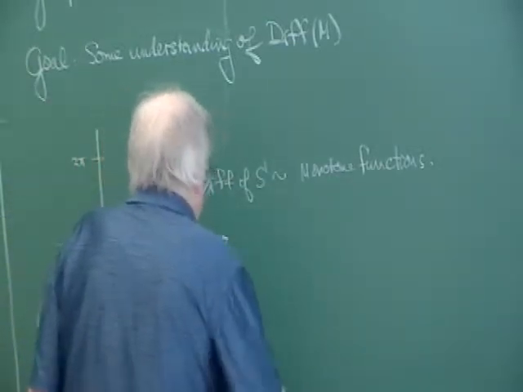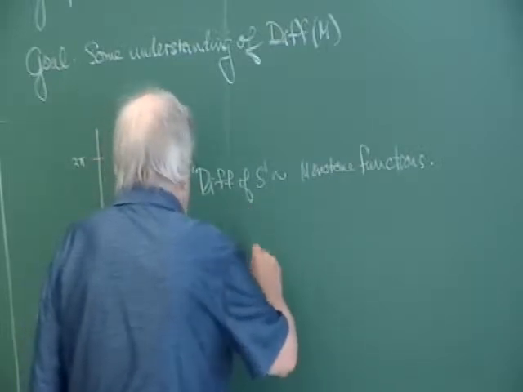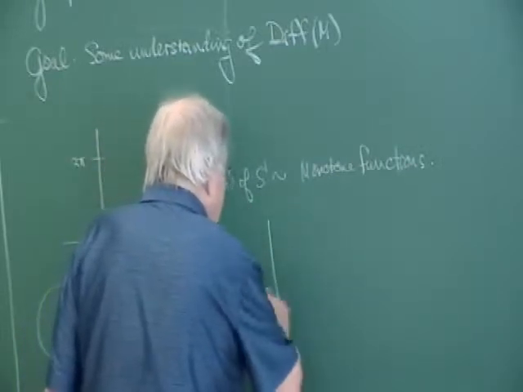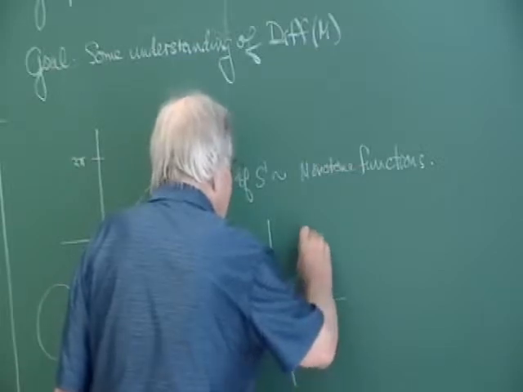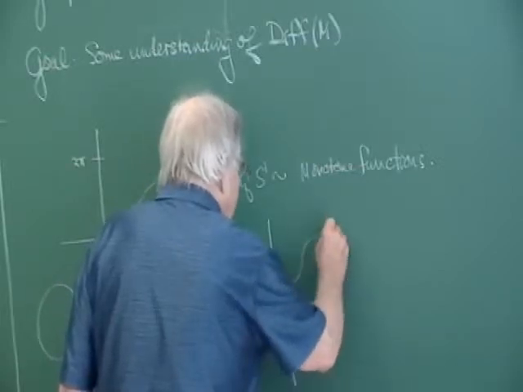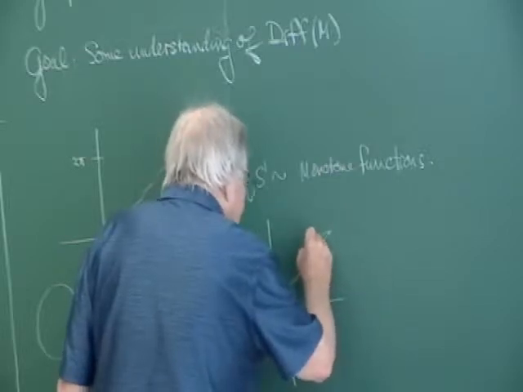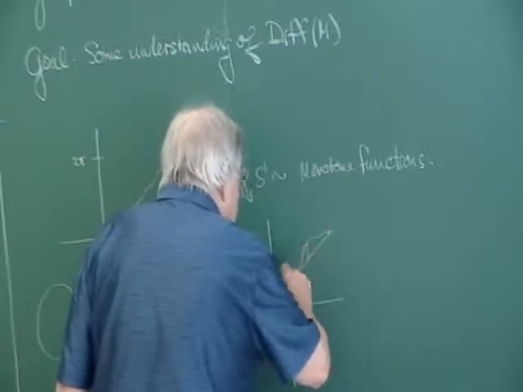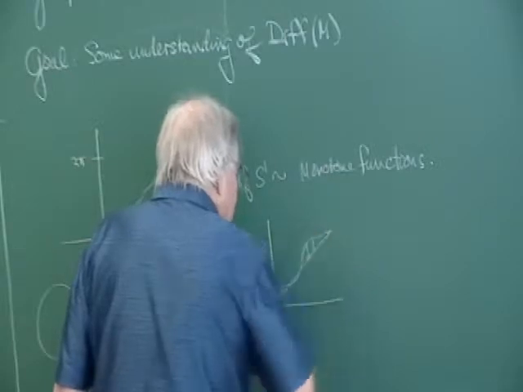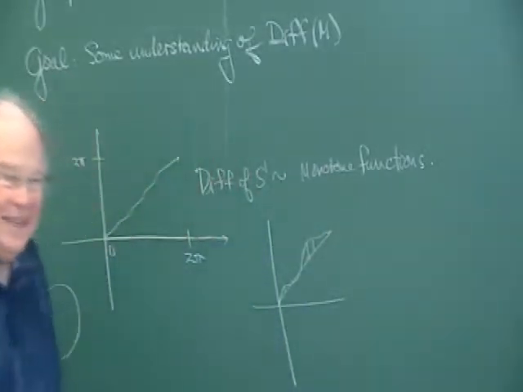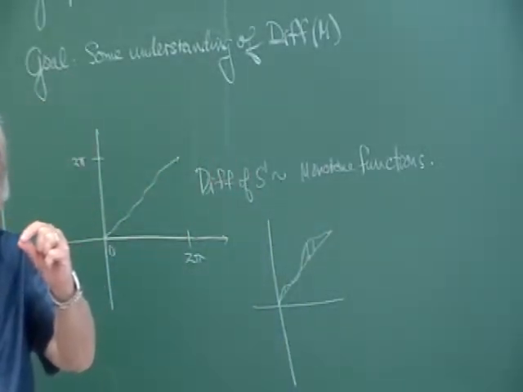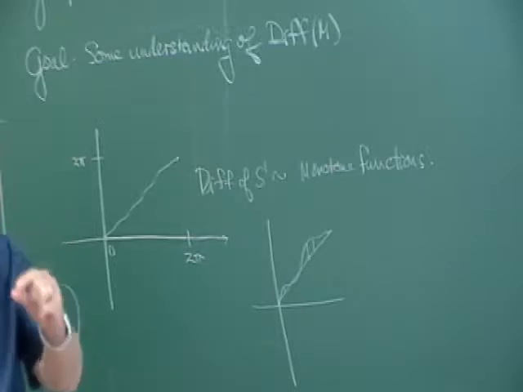Okay? But then from this, you say, if I take a monotone function, and there's another monotone function that I like, maybe this one, and I hope to deform it back to that one, right?